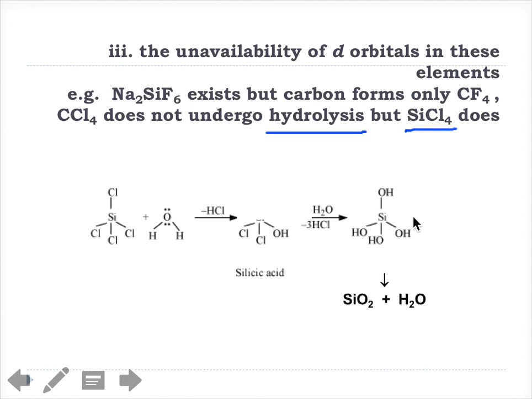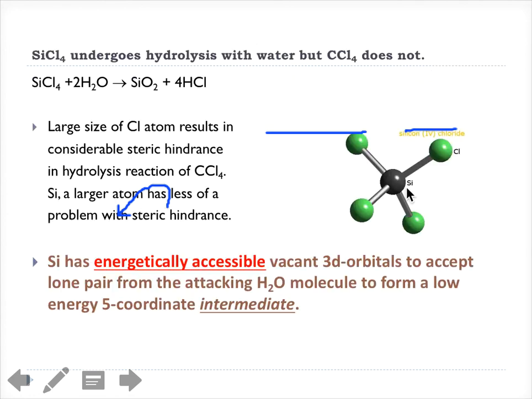So what happens? The water will attack the silicon in silicon tetrachloride. If you recall, this is the nucleophile attacking the electrophile. So what is the process? Let's take a look.